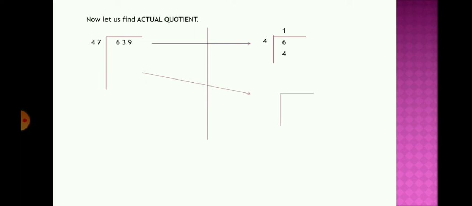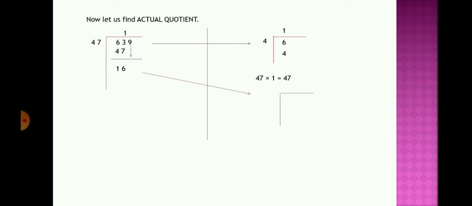So just check with the actual divisor, that is 47, one time. 47 ones are 47. 47 is smaller than the first 2 digits of the dividend, which is nothing but 63. So we can write 1 as the quotient and 47 below 63. Subtract, the difference is 16.